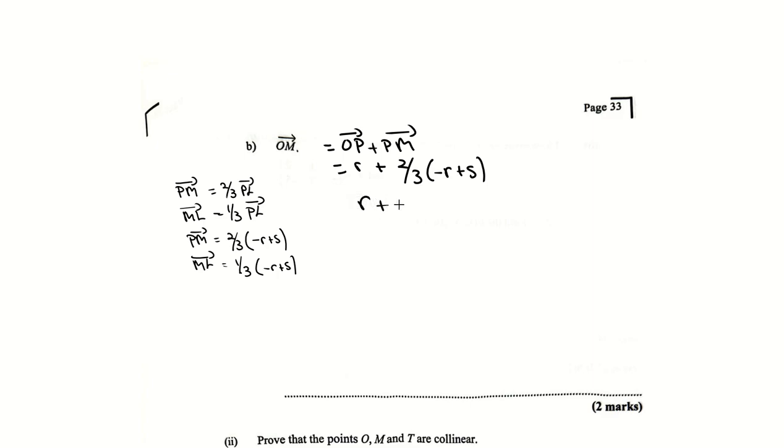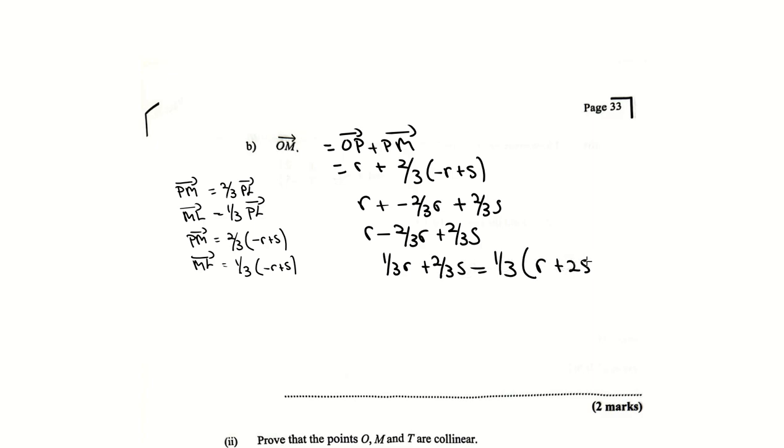That's R minus 2/3 R plus 2/3 S, which gives 1/3 R plus 2/3 S. If you want to factorize it, it would be 1/3 open bracket R plus 2S.